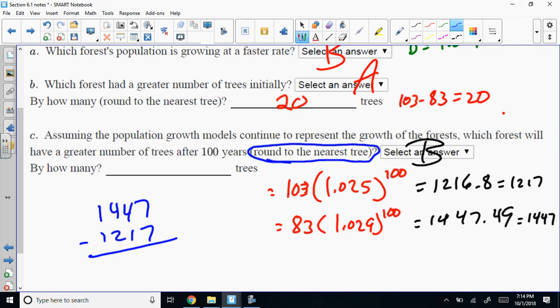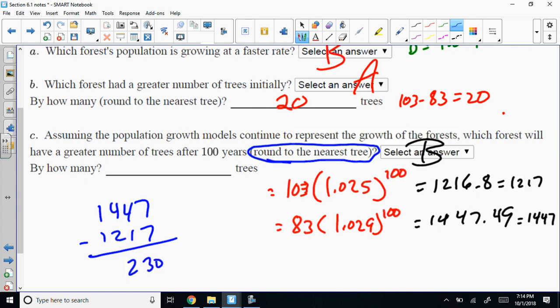Don't worry about it. It's just a seedling that hadn't broken through the ground. I can split hairs on that. So put in 1447 minus 1217, so 230, right? If it doesn't like that, 229 or 231, right? Whatever you want to do, it'll be all right.